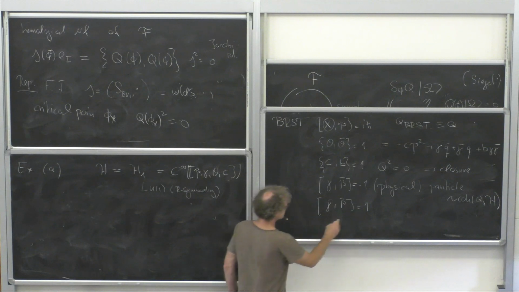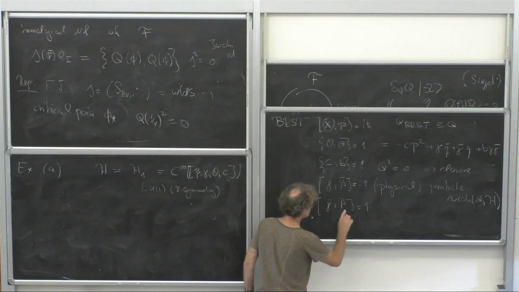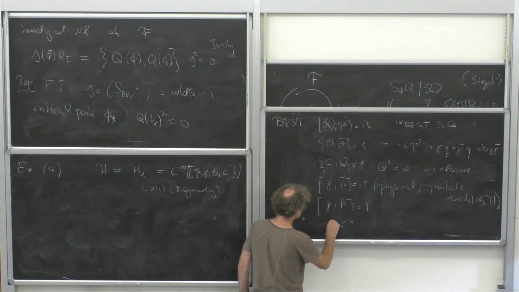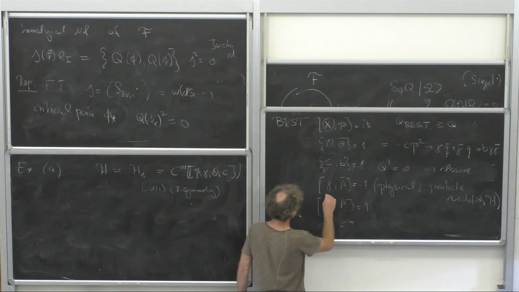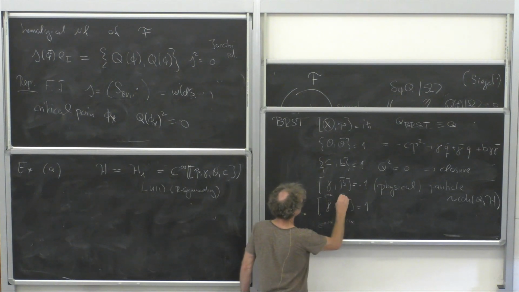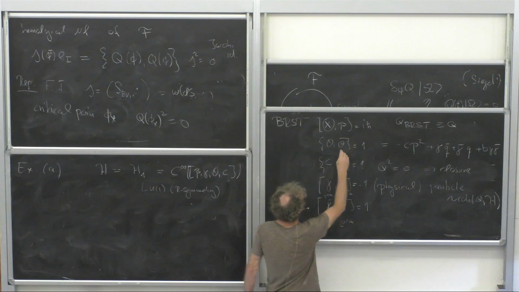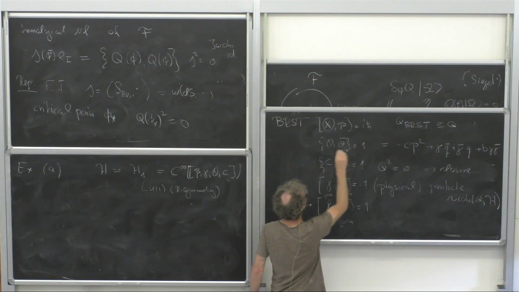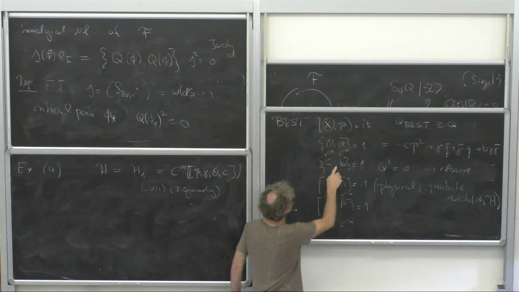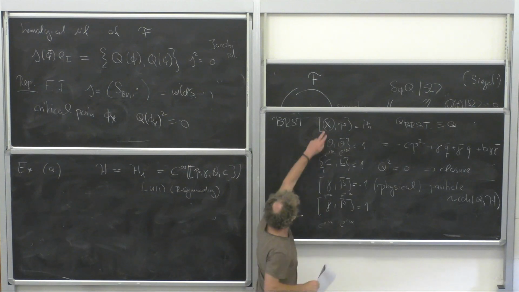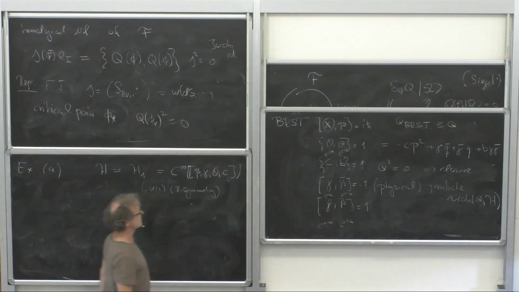That is, I can rotate this by e to the i alpha, e to the minus i alpha. This also gets an e to the i alpha, e to the minus i alpha. You see all the barred coordinates get a minus i alpha, e to the i alpha. Those that don't have bars don't transform at all.